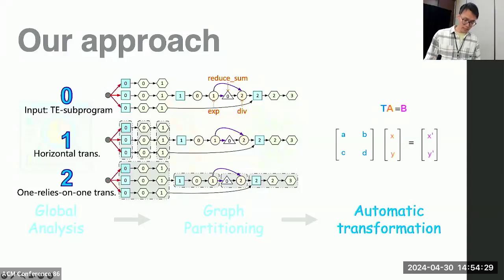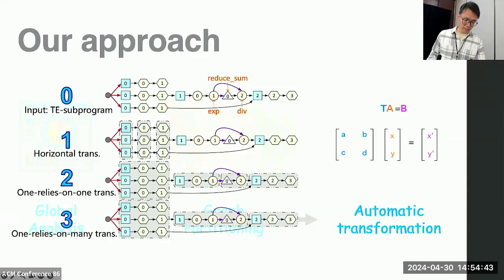And for the vertical transformation, for the one that relies on one dependency, it will automatically transform the tensor expressions into one to reuse the data on the registers. And for the one that relies on many tensors, it will try to reuse data on the on-chip buffer.